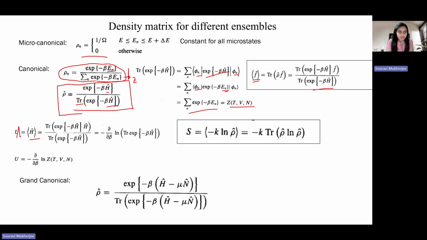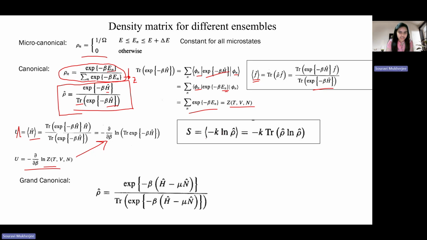Again, you can write it as minus del by del beta of ln trace of e to the power minus beta H. Remember that in the classical description, when we were talking about the canonical ensemble, we had this equation. So it's the same as this, but in the density matrix formulation. Entropy can be written as minus k times the expectation of ln rho, which is nothing but minus k times the trace of rho ln rho.